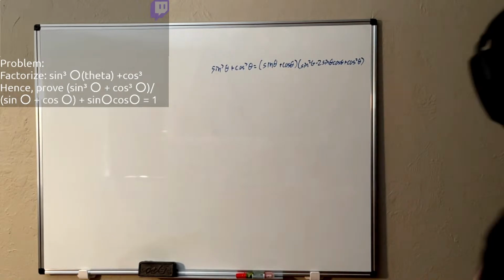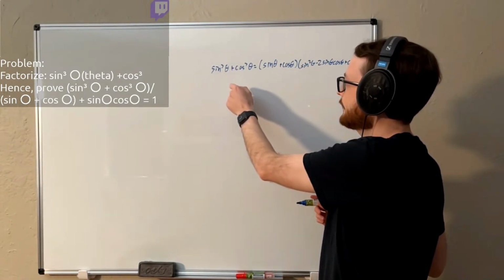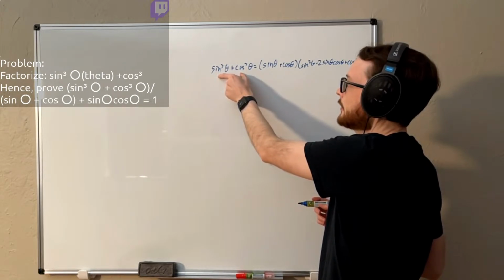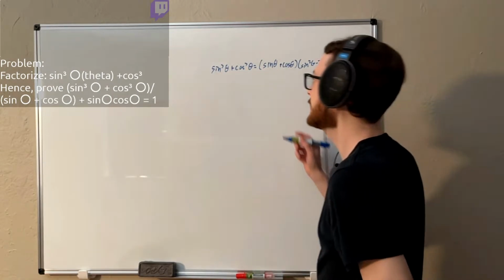So I think what they want us to do, they're asking us to prove something about sine cubed plus cosine cubed over sine plus cosine. So let's divide this over to the other side, I guess.